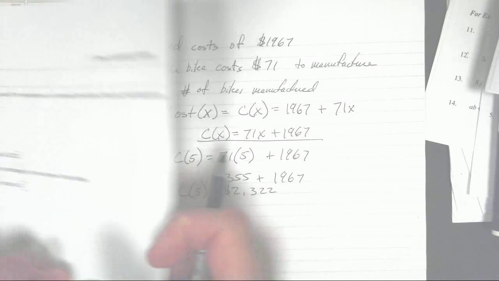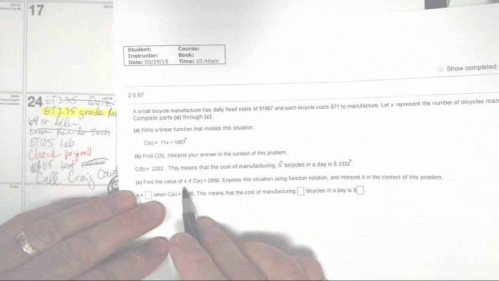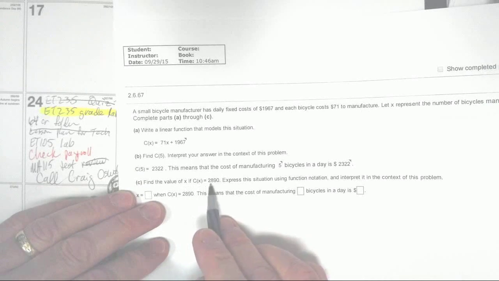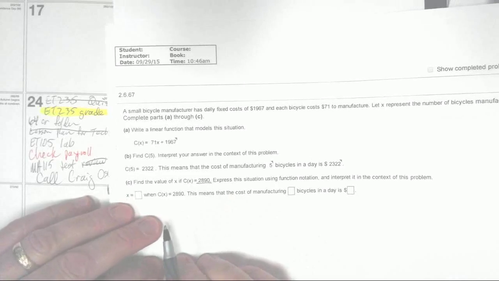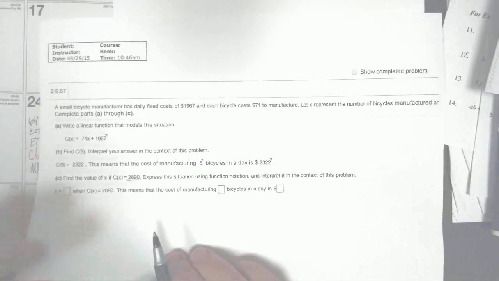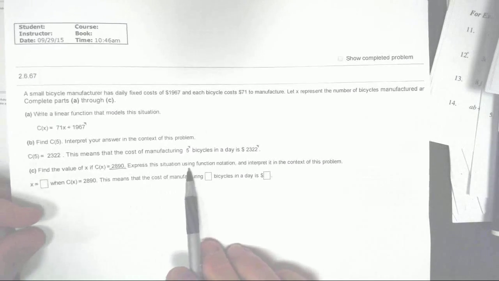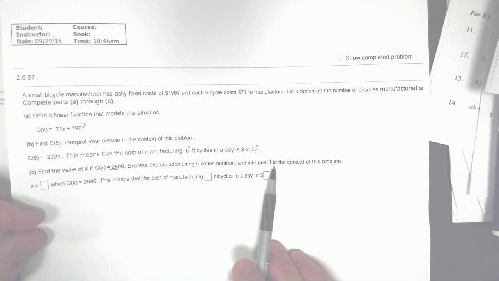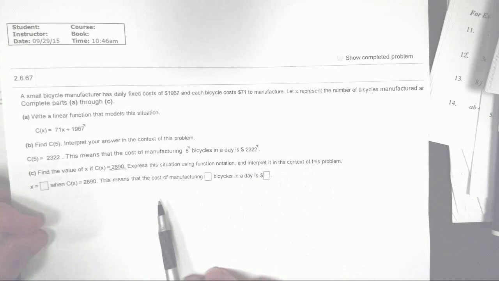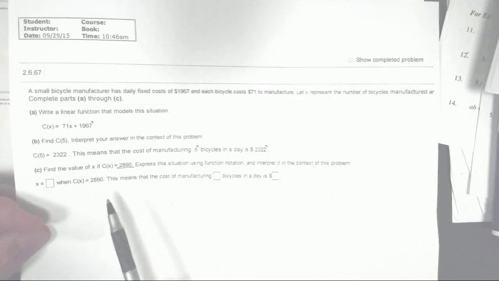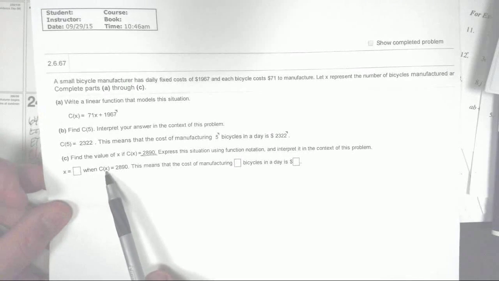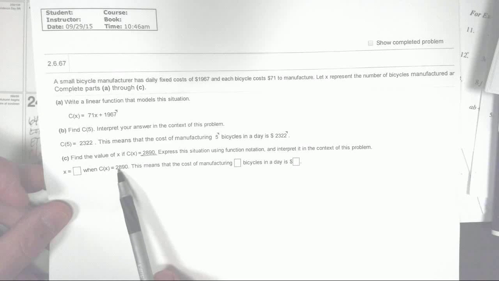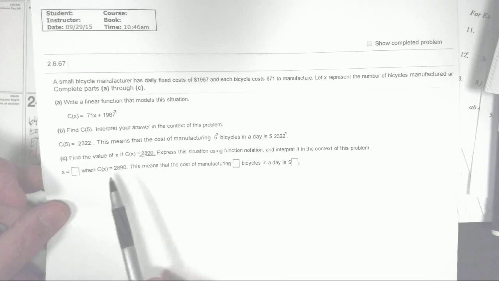All right, next. It says for part C, find the value of X if C of X equals 2,890. Express this situation using function notation. Interpret it in the context of this problem. Okay. So basically, we're going to say X equals what when the cost is 2,890.